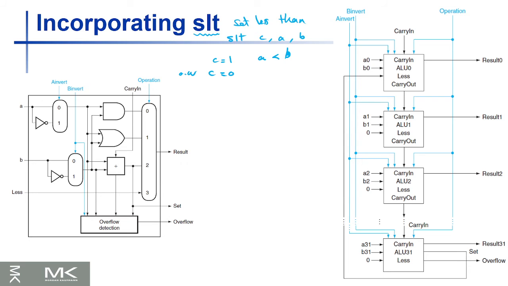So what we want here is that the result, which is 32 bits, if A is less than B, should be 31 zeros and only bit 0 equal to 1.